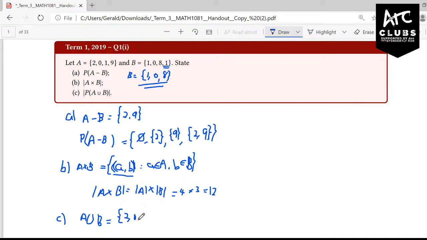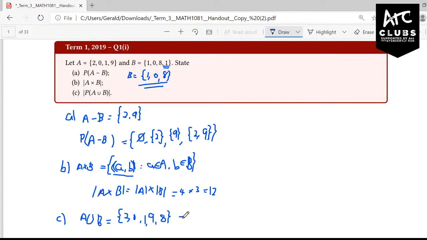2, 0, 1, 9. And then we look at B and we see we've already got the 1 here. We've already got a 0. We don't have an 8. So we just add the 8 on. So A union B is just 2, 0, 1, 9, 8.